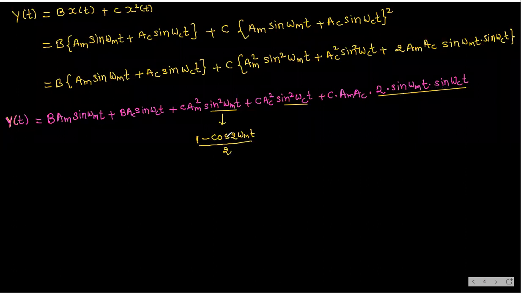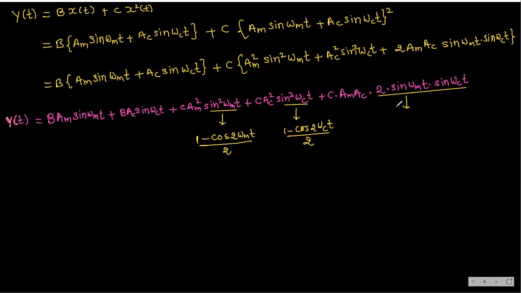I am going to substitute here, whereas here I will substitute 1 minus cos 2 omega ct divided by 2, and here, what will I substitute? We know the formula, 2 sin A sin B formula.